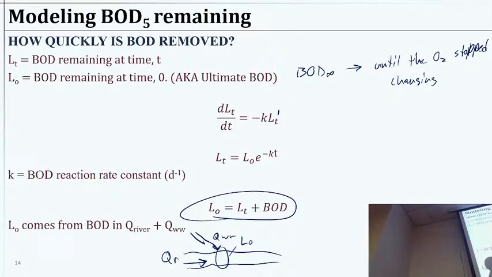Now, what we can recognize from this equation is that ultimately our ultimate BOD is equal to the amount remaining after some time t plus the amount that has been demanded by that time t.